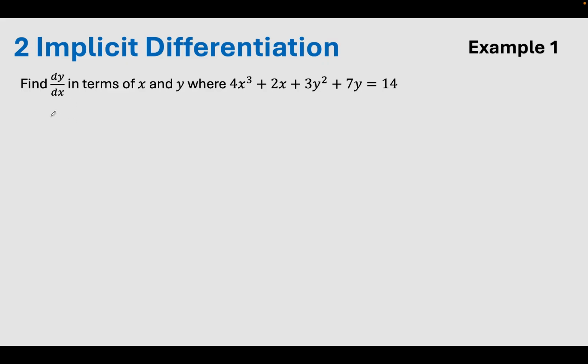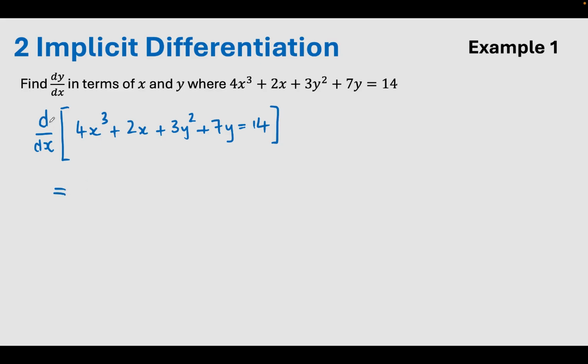The way I like to lay this out is to write d by dx, and in one big square bracket, I put everything in here. Now remember, d by dx is an operator.